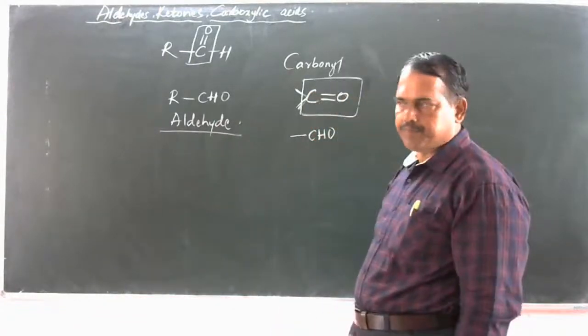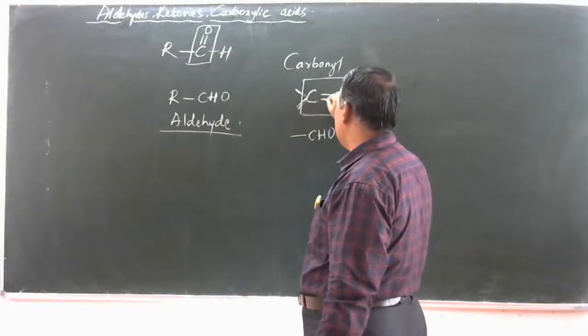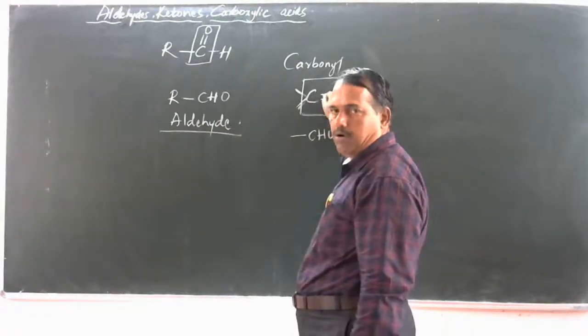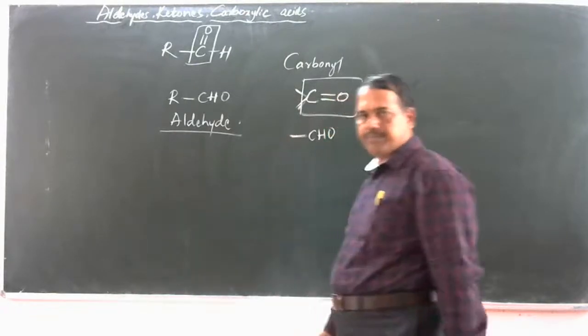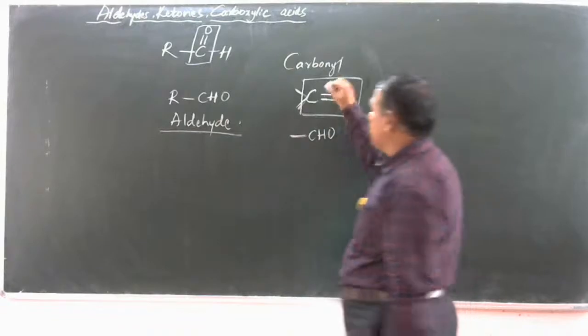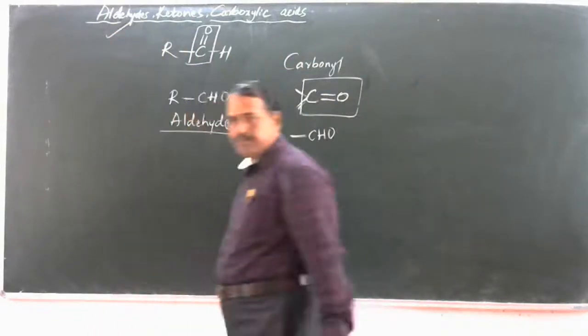In the carbonyl group, with the carbon-oxygen double bond, you can find the aldehyde functional group, where the carbonyl carbon is also bonded to a hydrogen atom. These classes of compounds are called aldehydes.